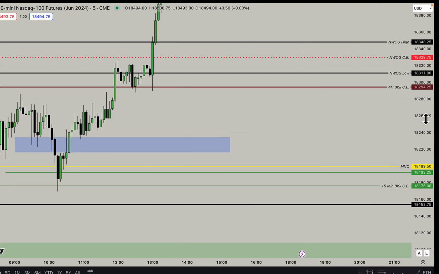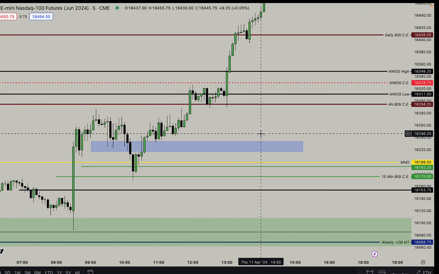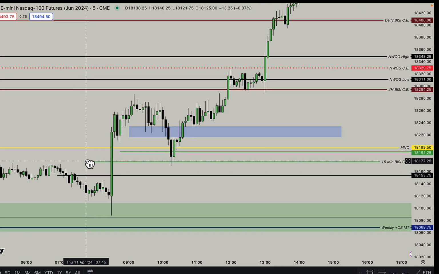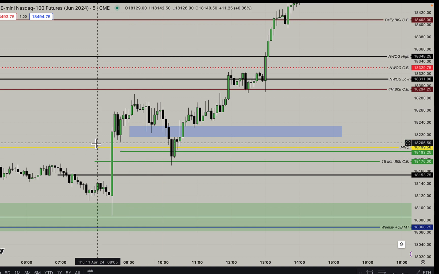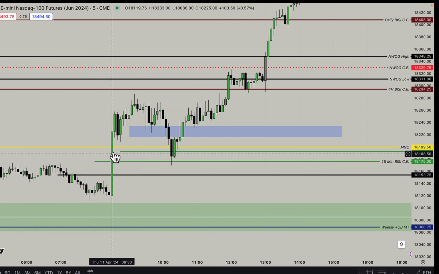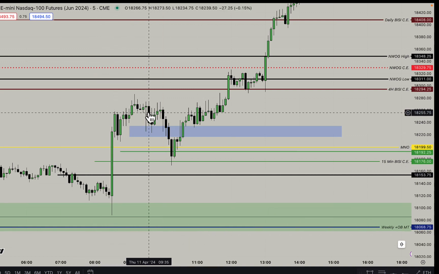All right. So again, 8:30. We have the 15-minute buy side imbalance, sell side inefficiency, consequent encroachment, and then the upper quadrant here, midnight open. We come above midnight open. One more time, remember, if we are bullish, we want to be buying at or below midnight open in price.